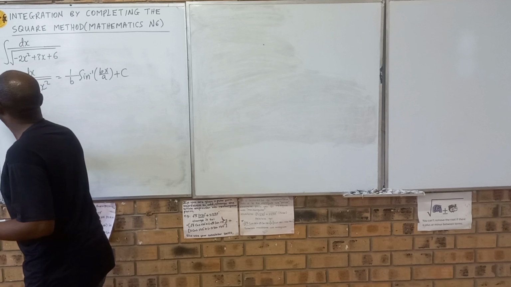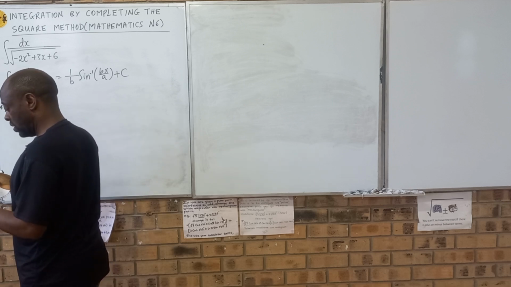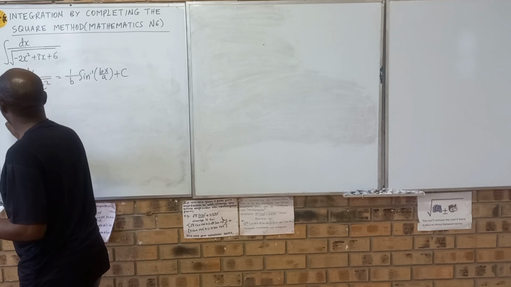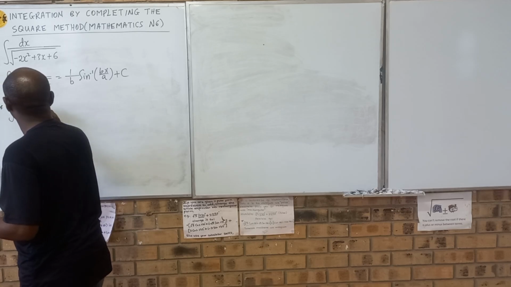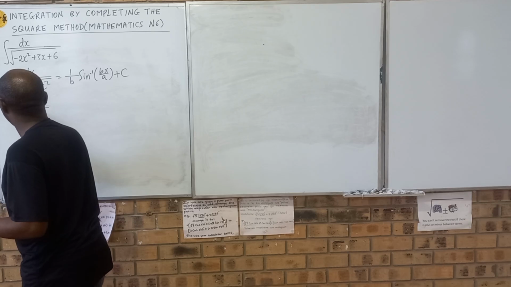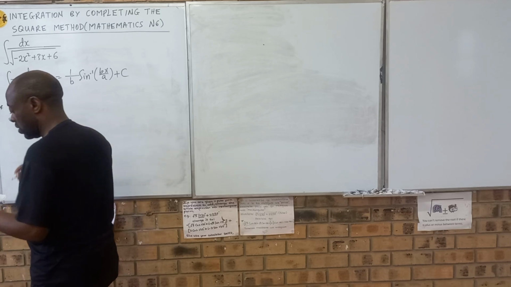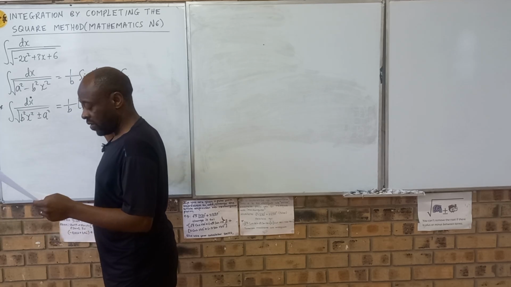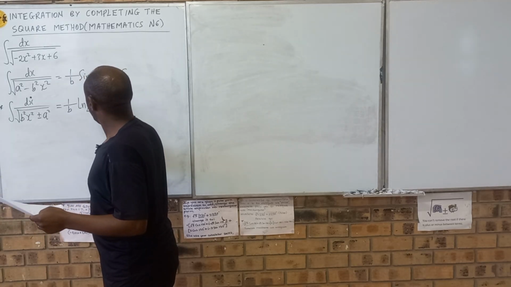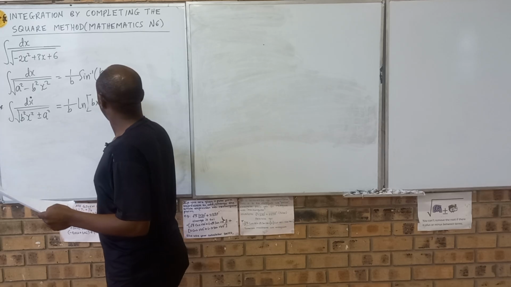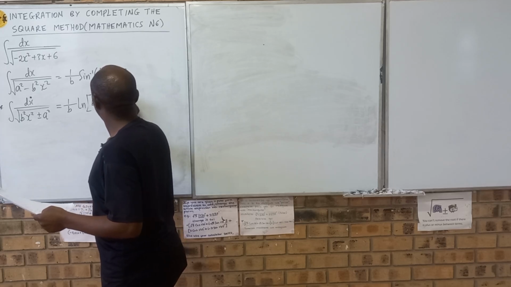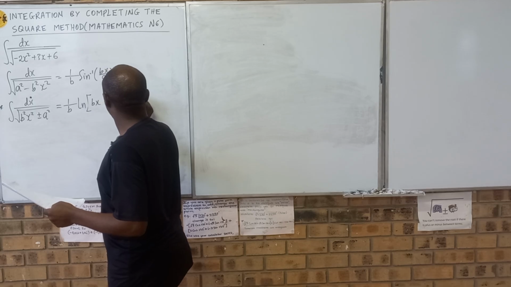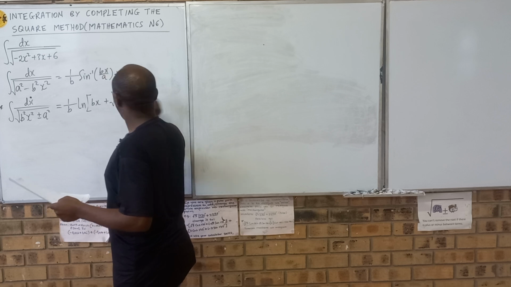Then the second possible formula that I also see on page 4 of my formula sheet says the integral of dx on the square root of b squared x squared plus a negative a squared, which is equal to 1 on b, the ln of, in the square bracket, we put bx plus the square root of b squared x squared plus a negative a squared, plus the bracket plus c.